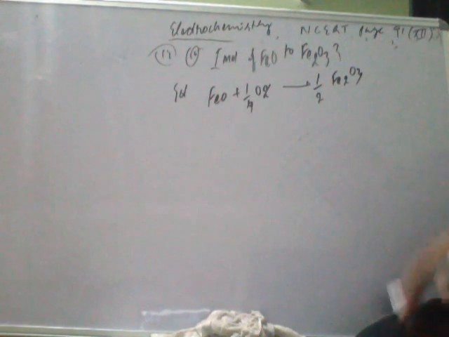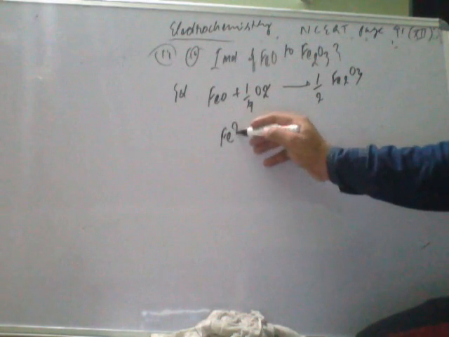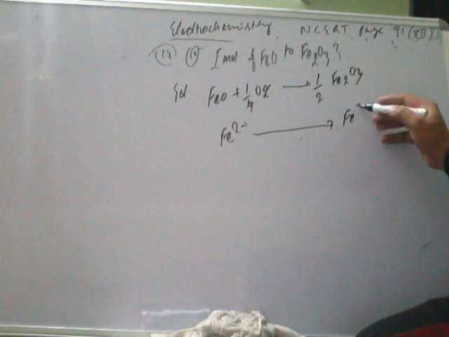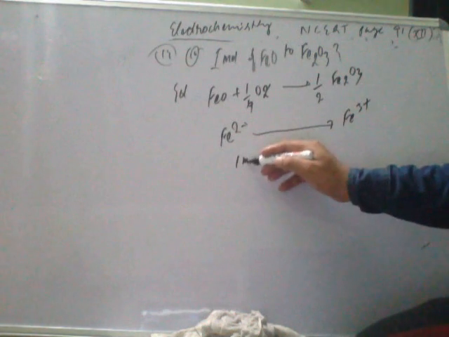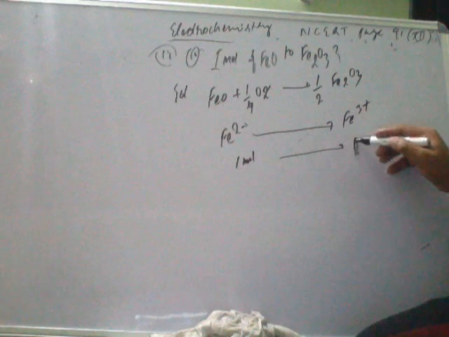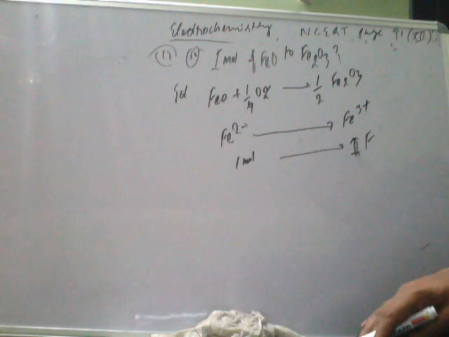So how many electrons? When you talk about the oxidation here, that is Fe2 plus getting converted to Fe3 plus, right? So for 1 mole it is 1 Faraday only, 1 Faraday of electricity is required.